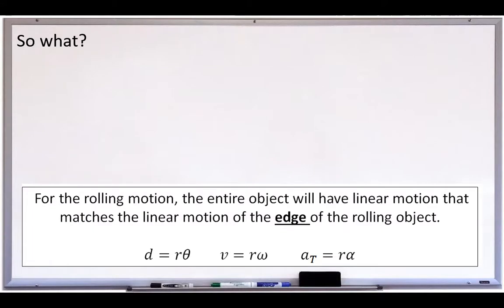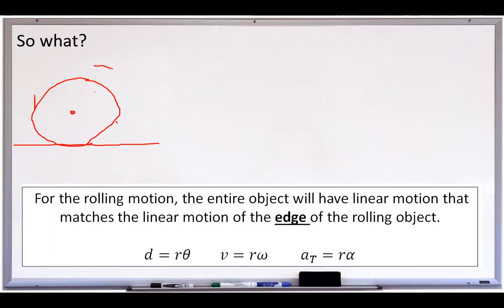So the big question is, well, what does this help us determine? Well, this tells us that if we know an object, so a wheel, a can, a disc, anything, is rolling without slipping, so is actually going through a true rolling motion on a surface. So again, it's not spinning in the air, it's not flat, it is rolling on a surface, and let's pretend that this is a perfect circle.